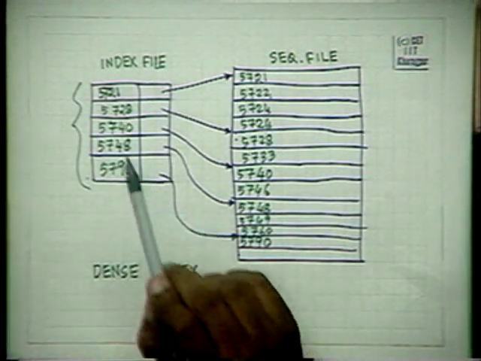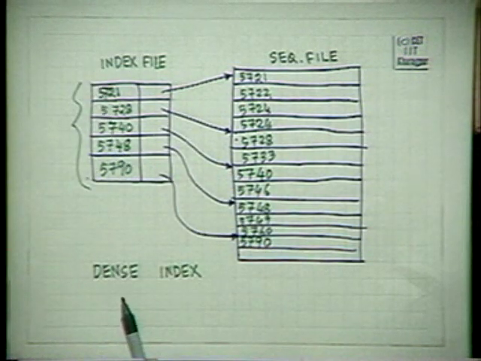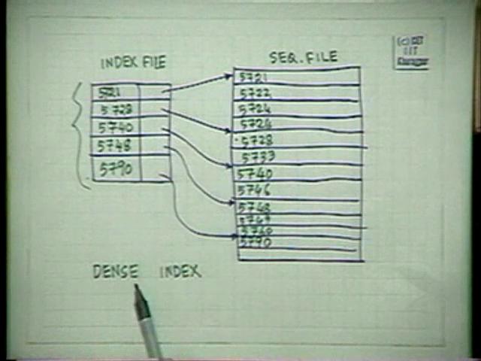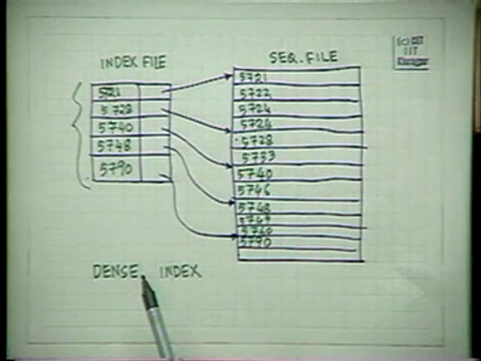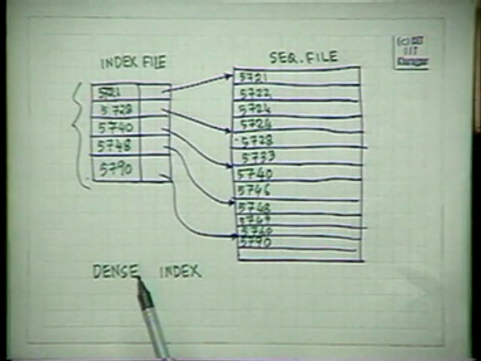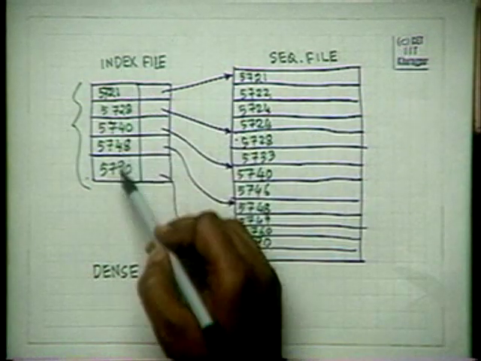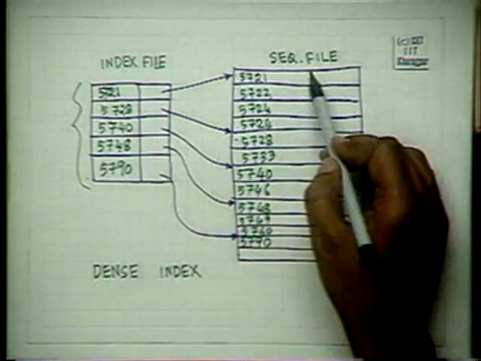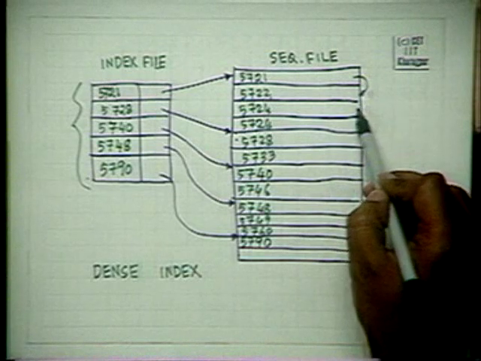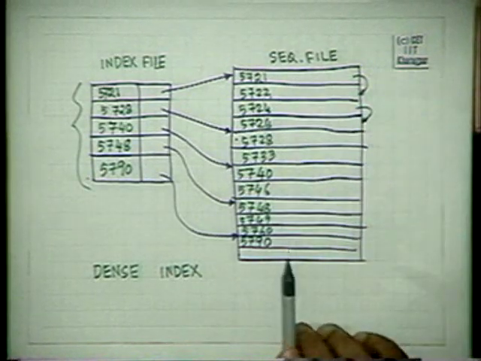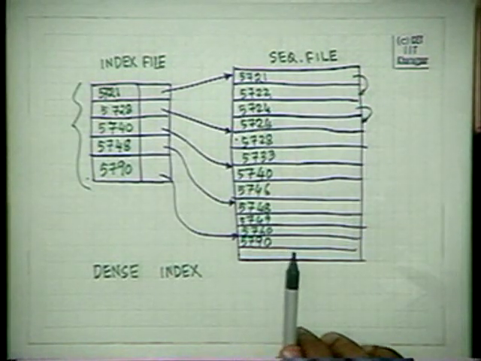Then you can have a dense index on the account number alone. You can have a dense index on the customer name also. But whatever index you have here, the file must be organized according to that key, or at least part of that key. That is the idea.